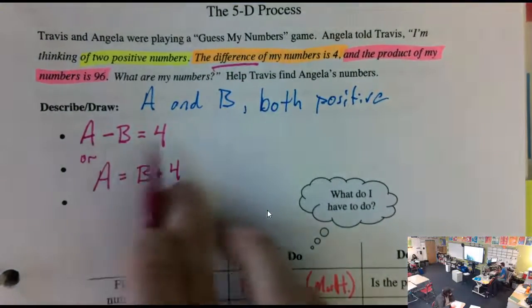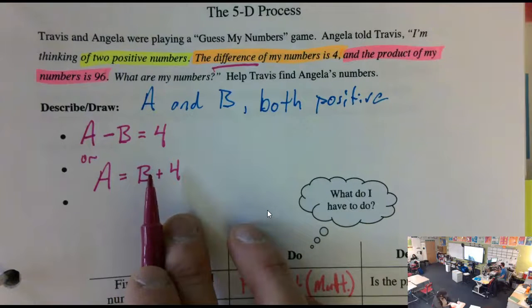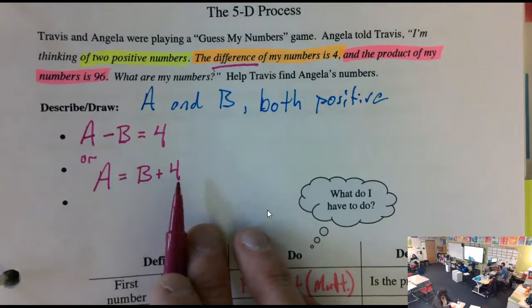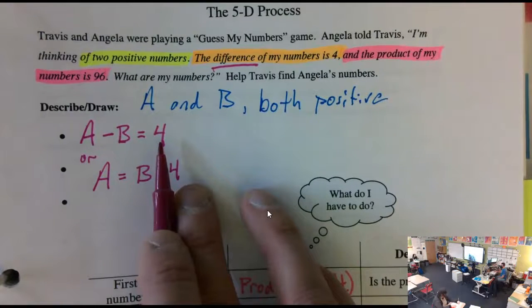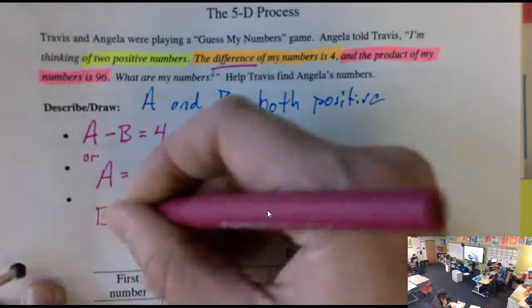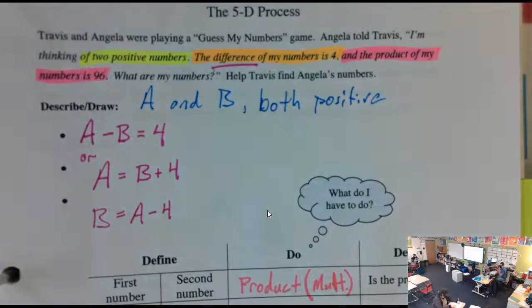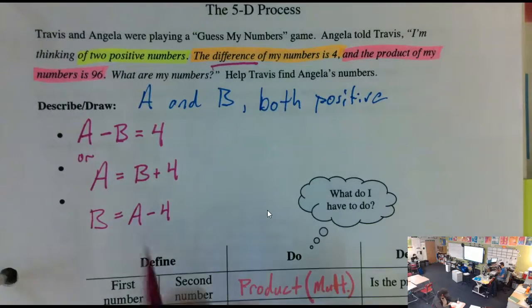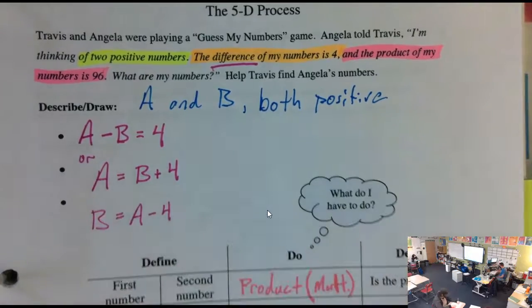Either of these statements makes them have a difference of 4, because 1 is 4 bigger or 1 is 4 smaller. We could also say B is A minus 4. There's a bunch of things we could say here. Either way, I'm making A the bigger number.